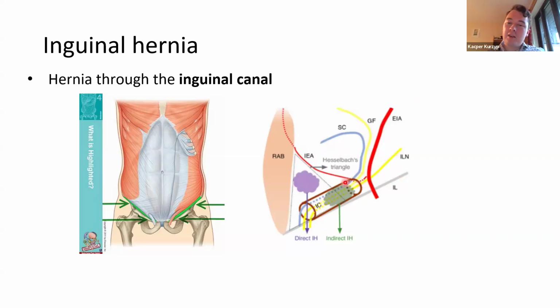The important thing is you have the deep ring, which is the physiological opening during the developmental period, and you have the superficial ring, which is located close to the pubic tubercle.